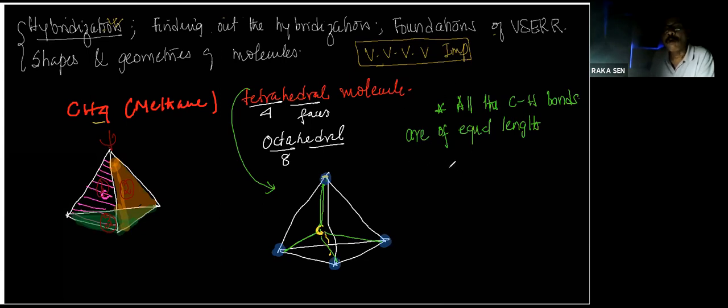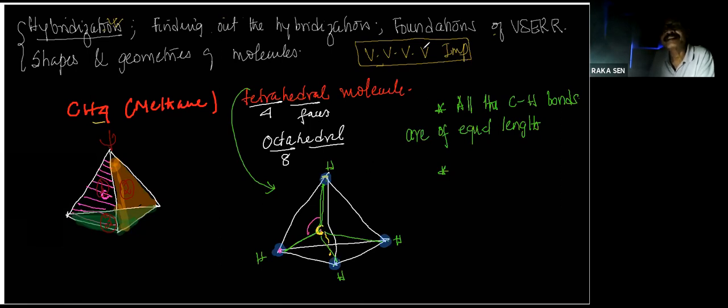Number two, all the angles. That means out here I've got a hydrogen, I've got carbon, out here I've got hydrogen. I have got hydrogen out here, I've got carbon out here, I've got hydrogen out here. I've got hydrogen out here, I've got carbon out here, I've got hydrogen out here. So there are 4 angles. One angle is between this, this, and this. This is the angle.